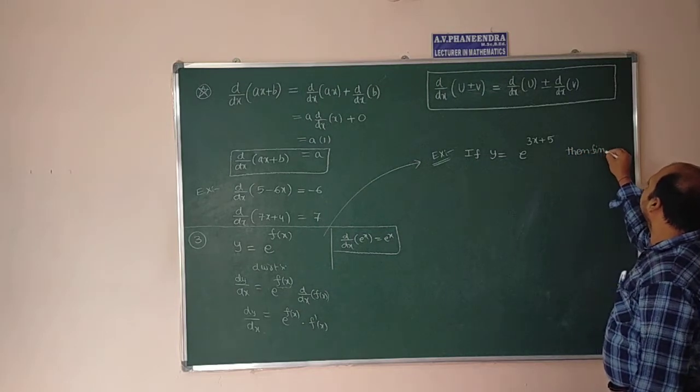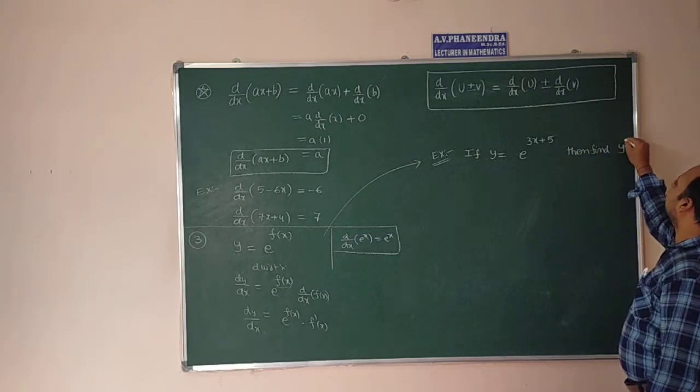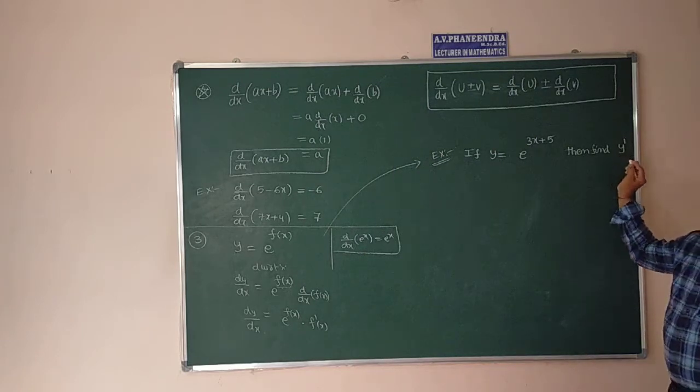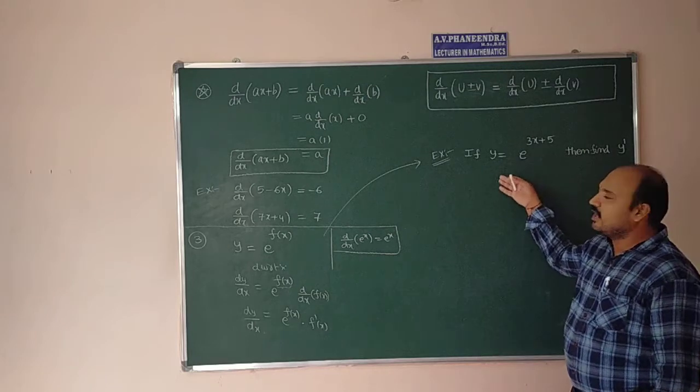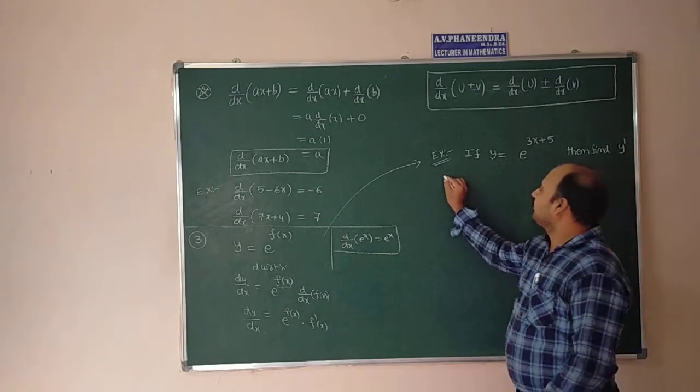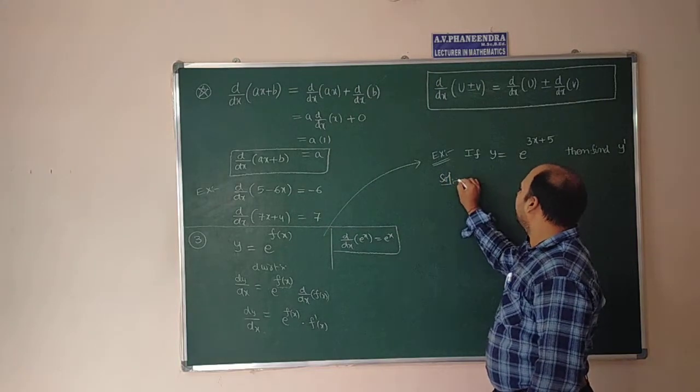Sometimes in place of dy by dx, they will also ask for y dash. In the question, if they ask for y dash, then while differentiating you write y dash instead of dy by dx. According to the question, you can follow that.